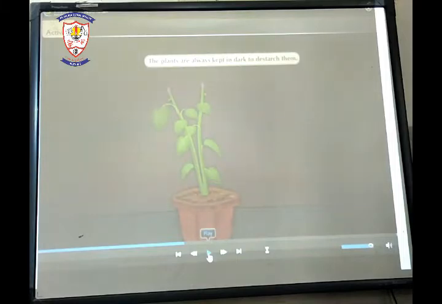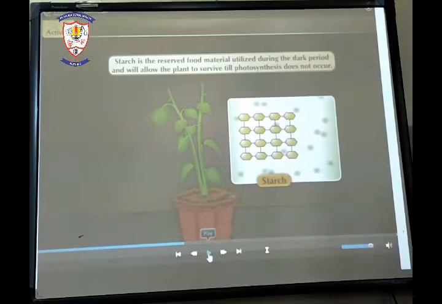So you can understand that plants are kept in the dark to destarch them, and you know that starch is the reserved food. The reserved food materials are utilized during the dark period and allow the plant to survive till photosynthesis occurs.